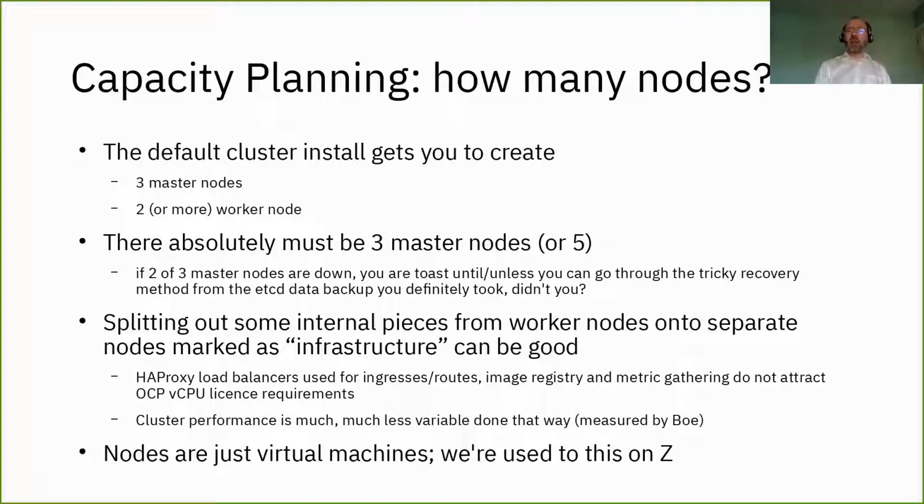Splitting out some internal pieces from the worker nodes onto other nodes can be good, and there are 2 reasons for that. One of those, a particularly good reason in the non-Z world, is that particular parts of the internal workings of the cluster, so these load balancers that are built in, and the image registry, and all the stuff that gathers performance metrics and logging and things like that, don't attract license requirements.